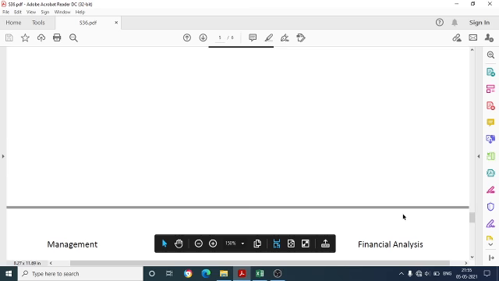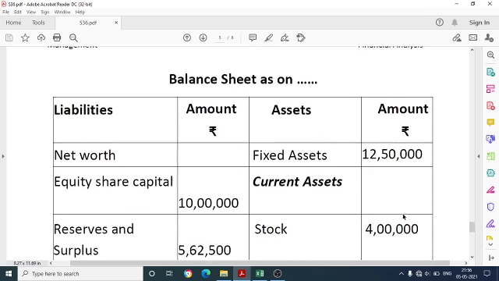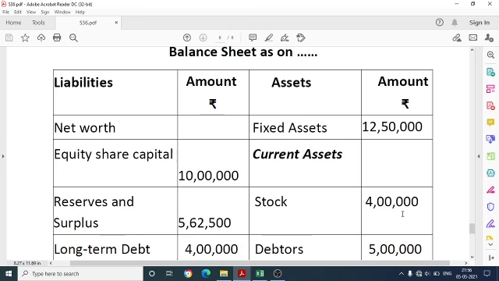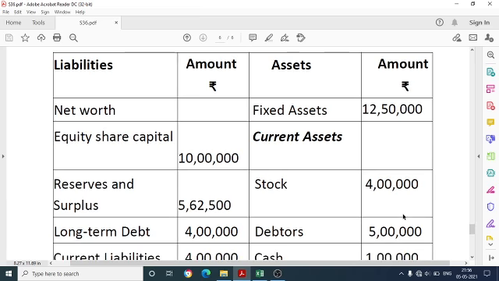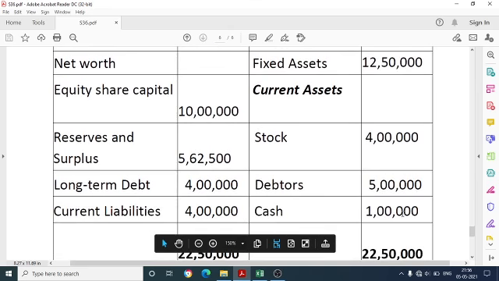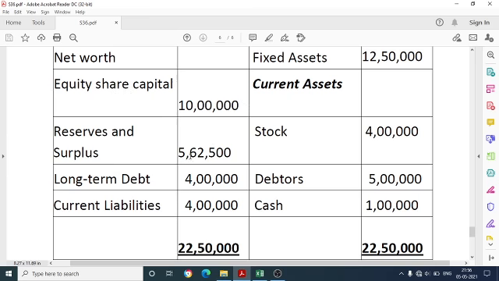Now we have to prepare the financial statement, that is the balance sheet. In the balance sheet, assets and liabilities as on a particular date, usually we have to write. The format of a very simple balance sheet we have to draw here, not a detailed balance sheet. On the liability side, net worth we have to write. In the net worth, equity share capital, paid up capital, is already given in the problem, 10 lakh. Reserves and surplus 5,62,500.